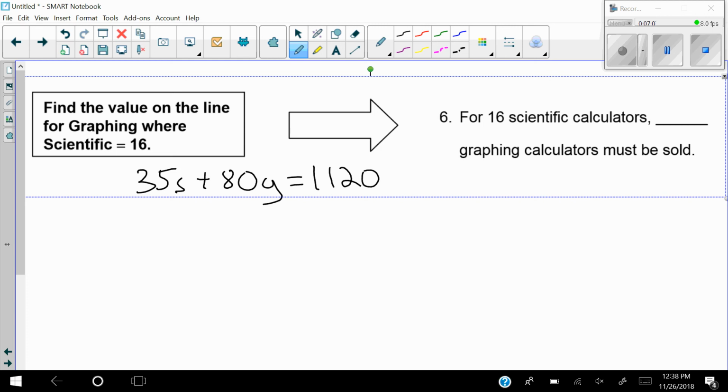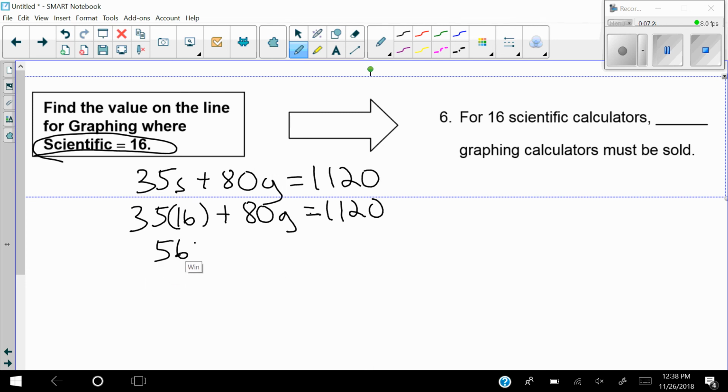Now I'm just going to plug in the 16 for the scientific calculators, so it's going to replace the S. 35 times 16 is going to give me 560.